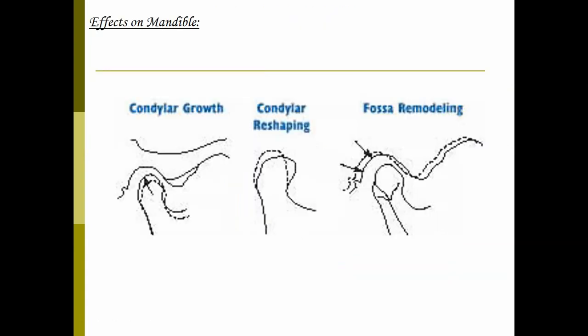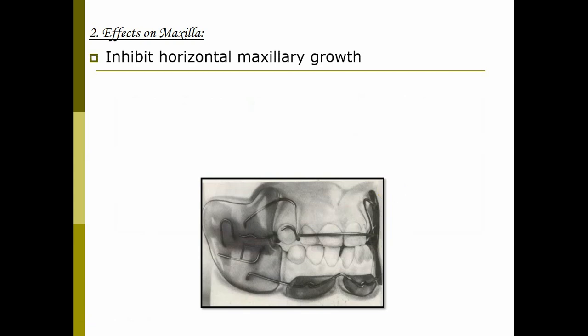So the basic effects that we assume will happen in the mandible when we give a myofunctional appliance are that the condyle will grow, there will be reshaping, and glenoid fossa remodeling will be seen to accommodate the new condyle. And on the maxilla, I am talking about the effects if given in class 2 patients.